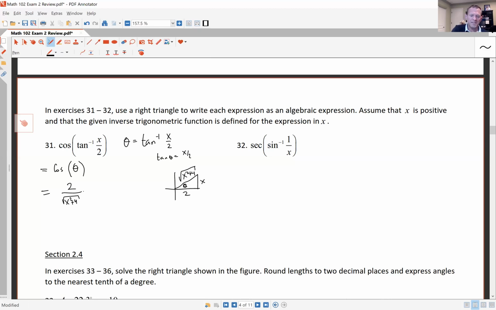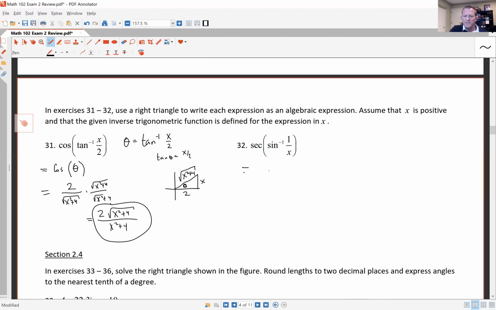Yeah, we got to rationalize the denominator, which gives us 2 square root of x squared plus 4 divided by x squared plus 4. That's what we mean by to write each expression as an algebraic expression. So we start with a trig expression, now it's an algebraic expression.